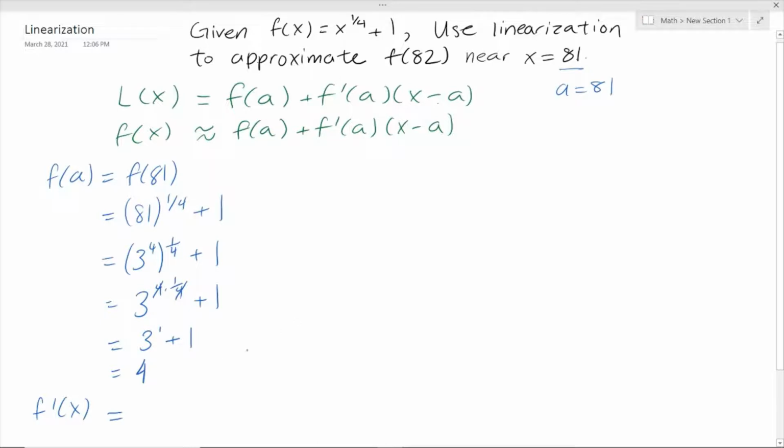We're going to get 1 over 4 times x to the 1 over 4 minus 1, and that is because here we have 1 over 4 as the exponent. We bring it up to the front and we subtract 1 from the exponent. So that's just using the power rule.